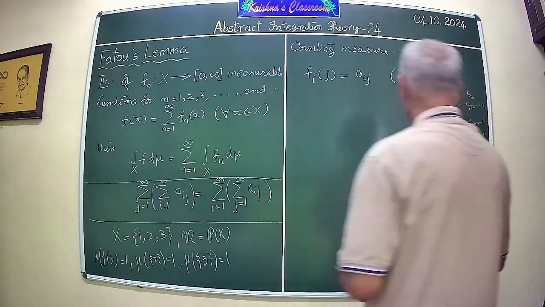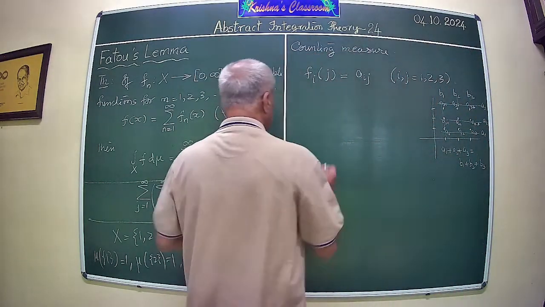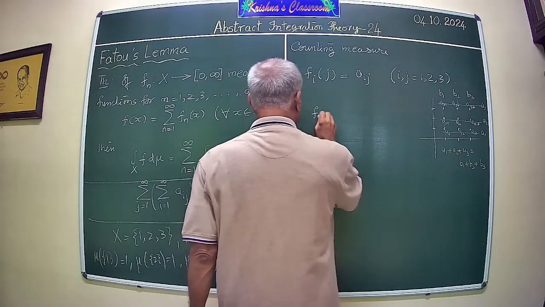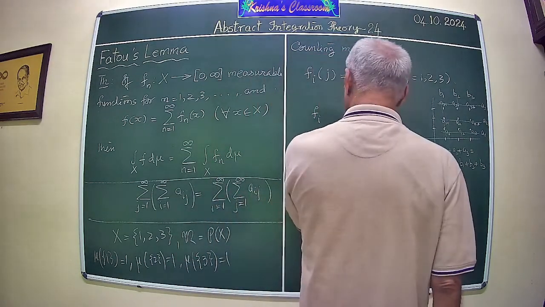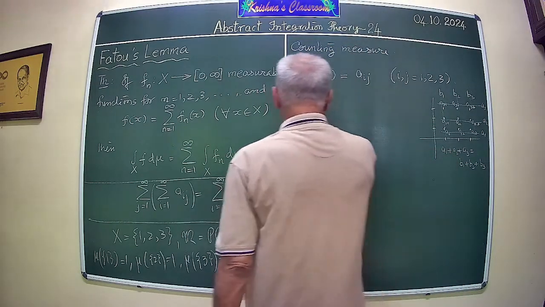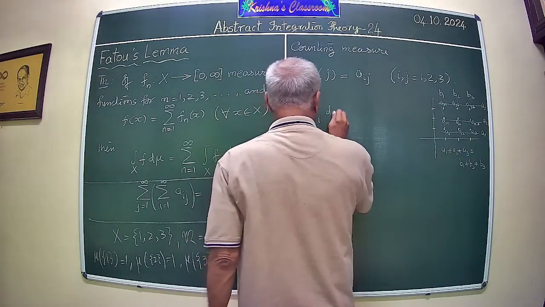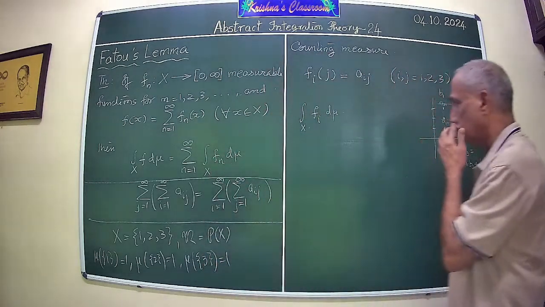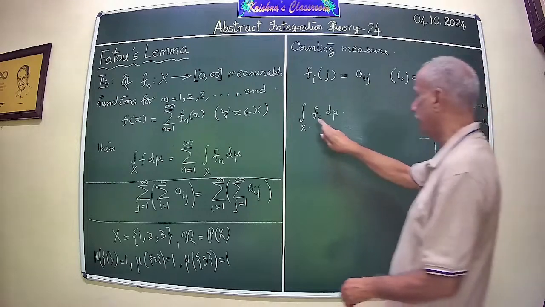Now what you can prove is this with all these counting measure etc. You see, let us just compute this. Say Fi. What is Fi?